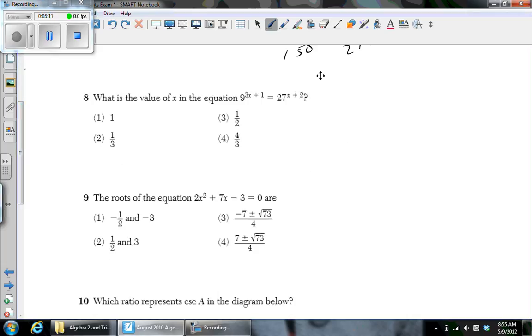Alright, here, whenever we have an exponential equation, we need bases to be the same, so 9 is really 3 squared. This is 2 to 3x plus 1. That's going to equal 27, which is 3 to the third, raised to the power of x plus 2.